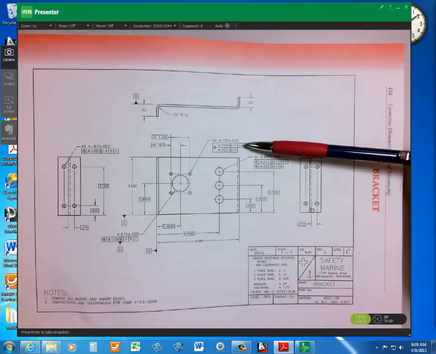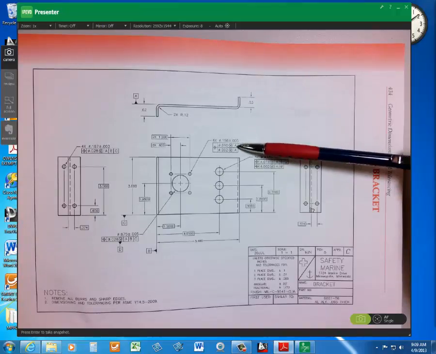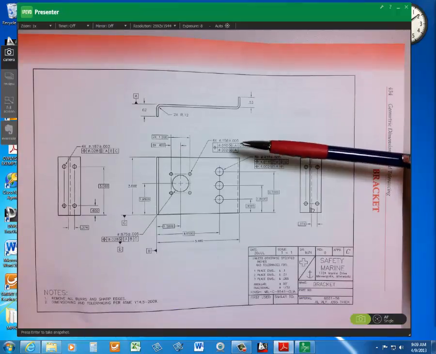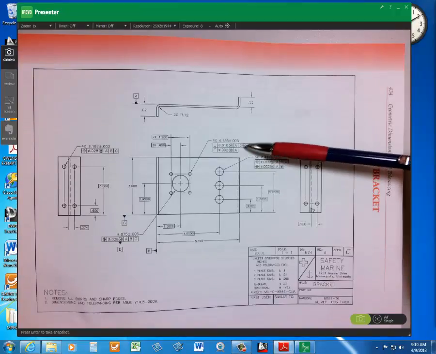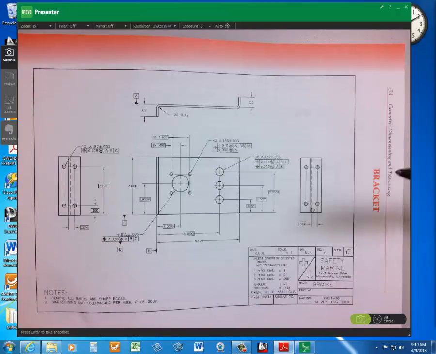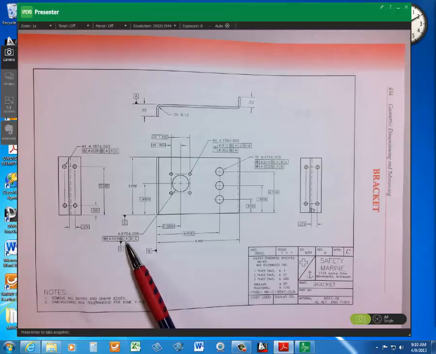Even though the circle M is not next to A, they're relative to datum A, and datum D at MMB, circle M, and datum B. So it's related to A, D, and B, and D is at maximum material boundary. So D, remember, is a diameter.